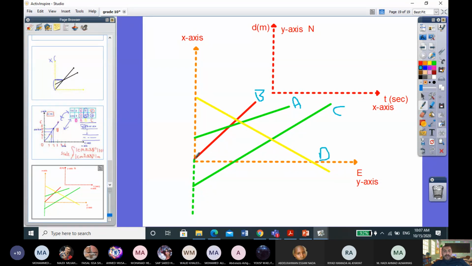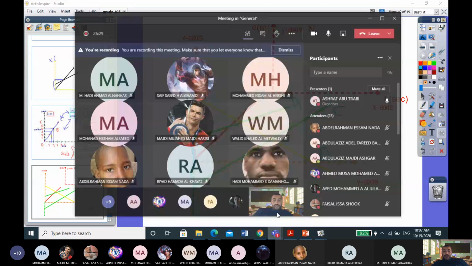D. I will compare it here. The first one is on the origin, so it's the nearest one. This is also, and this are close to the origin, but this is the farthest one. That's it, guys. You got it?